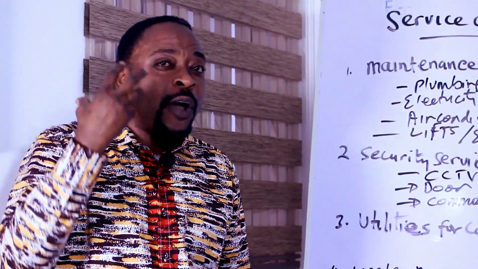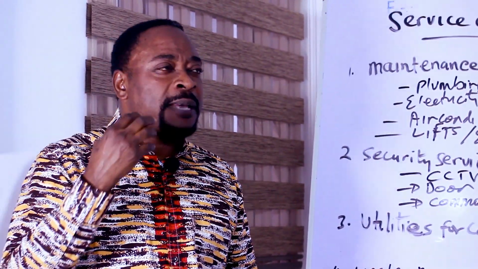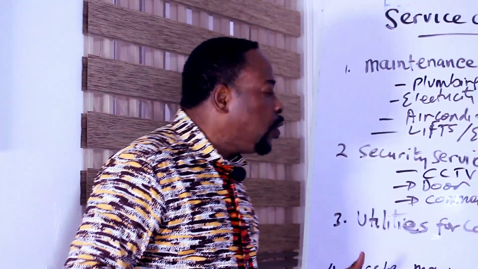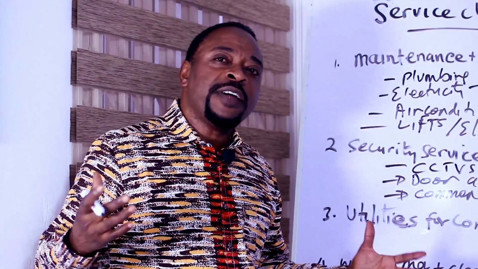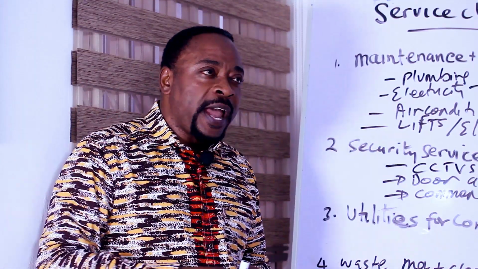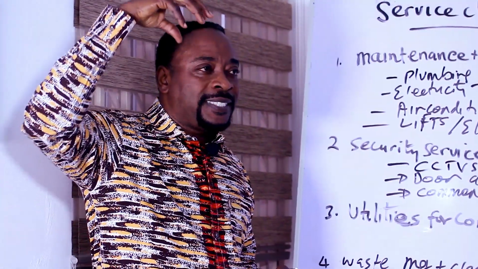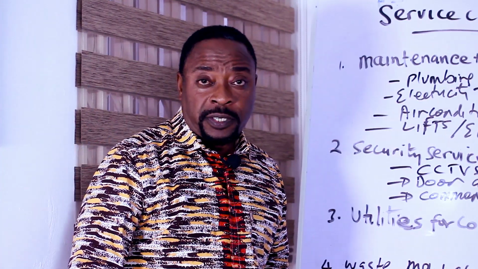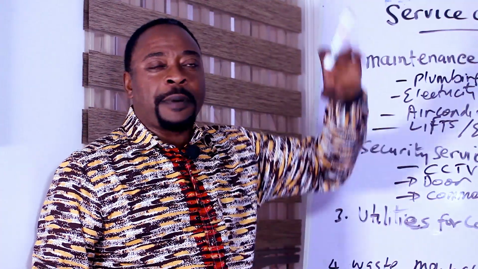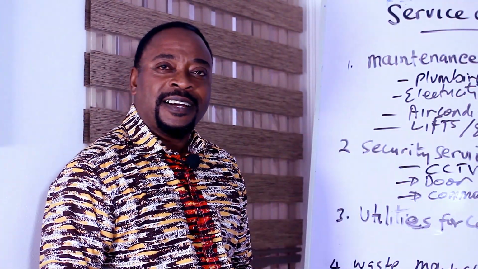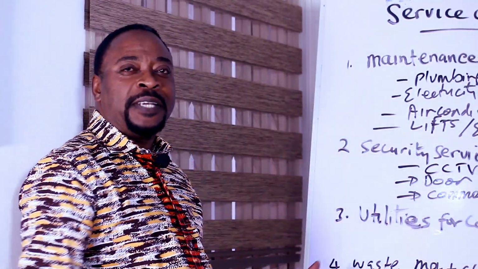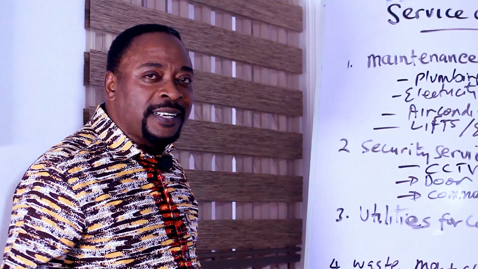Sometimes I wonder whether some developers think or not, because how do you develop over 100 units in a development and not make way for where they would be able to send or descend rubbish? And they have to carry rubbish from their apartments across the reception area and walk all the way to put it into a garbage bin.